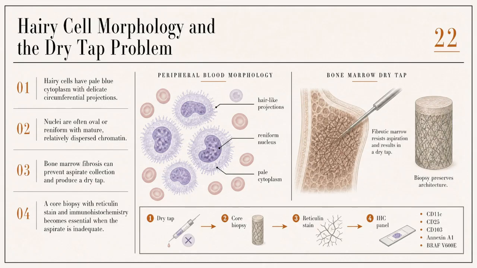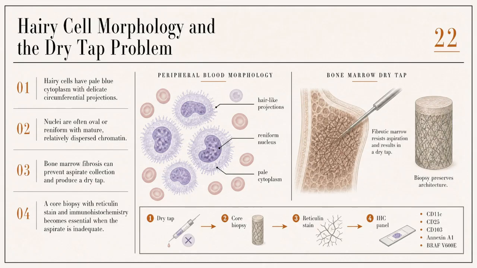When a dry tap is encountered, prompt preparation of high-quality bone marrow core biopsies is essential. Proper fixation, usually with neutral buffered formalin or other appropriate fixatives, and decalcification protocols must be carefully optimized to preserve cellular morphology and antigenicity.